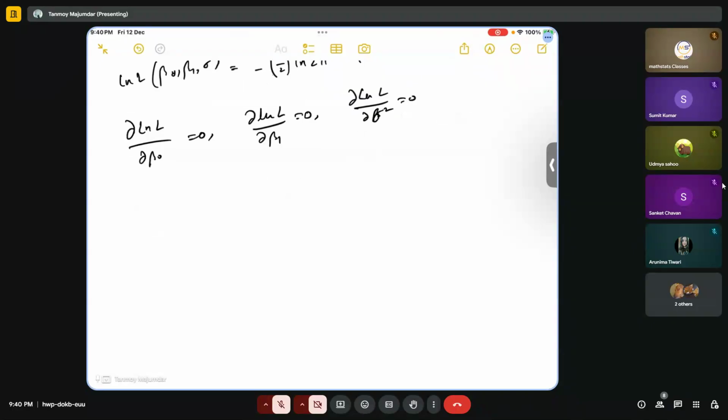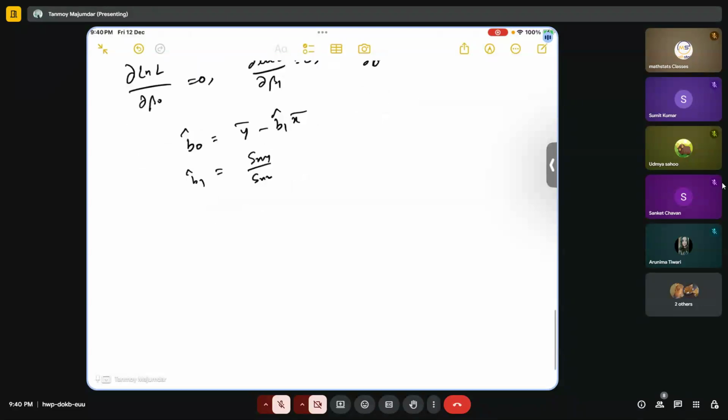So actually, what will come? The estimate of beta naught we can write as b naught hat, which equals y bar minus b1 hat x bar. This is the same as what we had before, and b1 hat will also be the same, Sxy by Sxx. I am just skipping the derivative part, but you will get that.